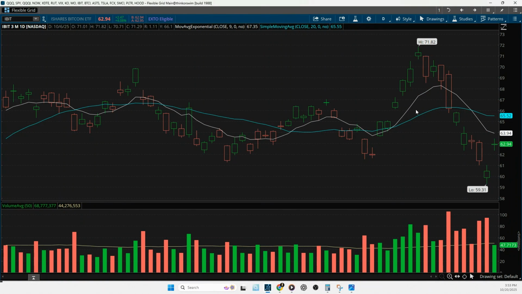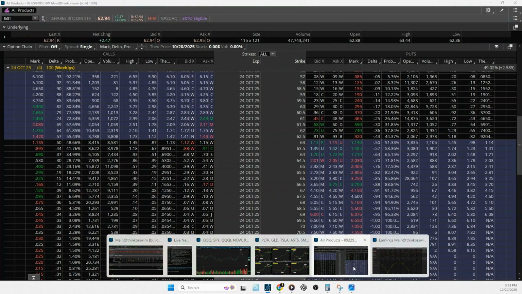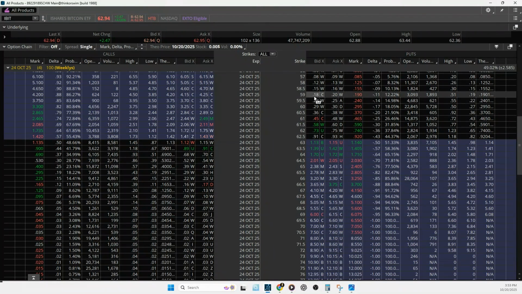All right, so it looks like our range is about 59 to about 72. Not much money here. There's a little bit of money over here, and you're at 11 delta here. 72, 2 delta here, right? Way lower probability here.